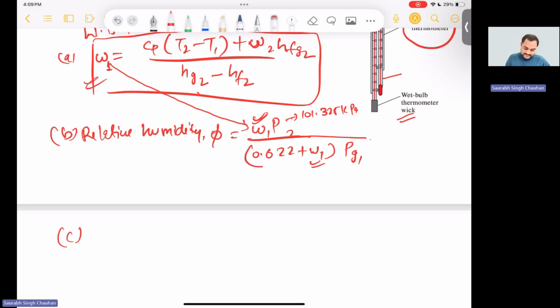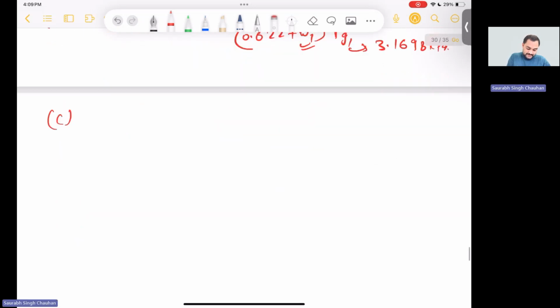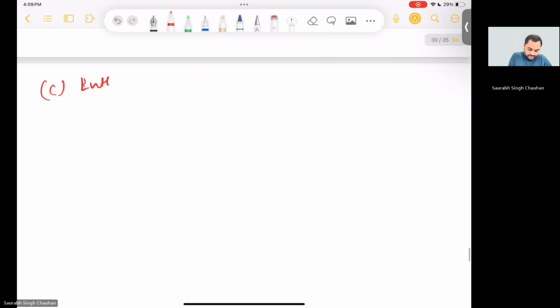And the saturation pressure you can find from the table. I am writing the value, just calculate it. And enthalpy will be the enthalpy of dry air plus the enthalpy of water vapor.